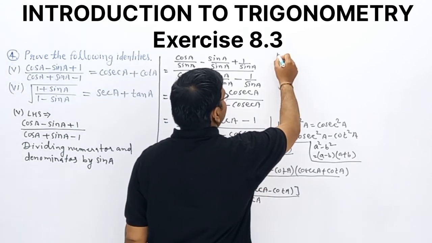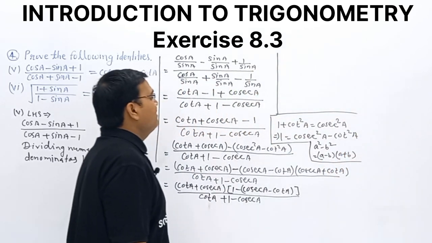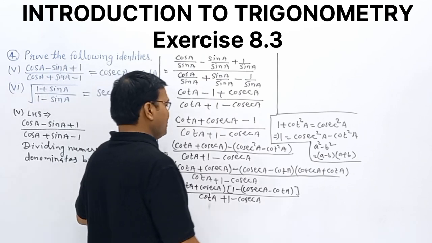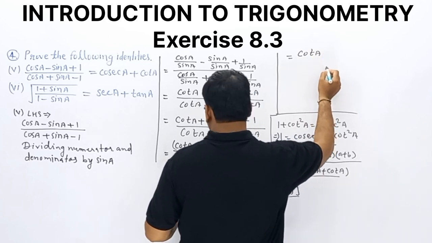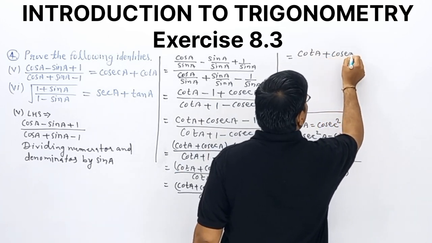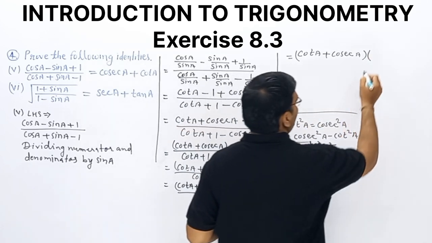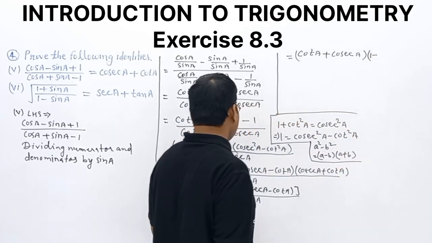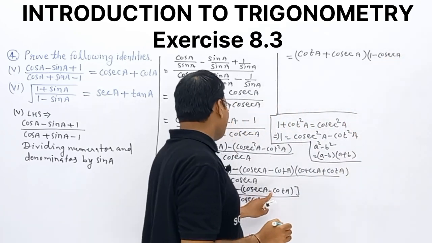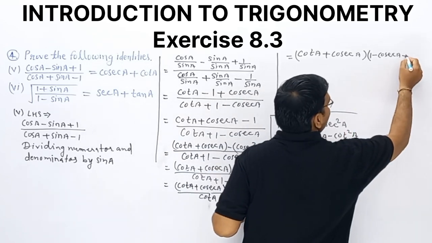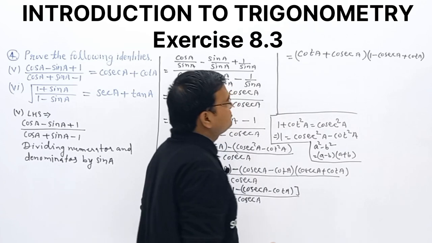I am writing there. Observe, this can be written as cot A plus cosec A into, in the bracket, minus outside we are having, so 1 minus cosec A, and minus into minus will be plus cot A. Clear?